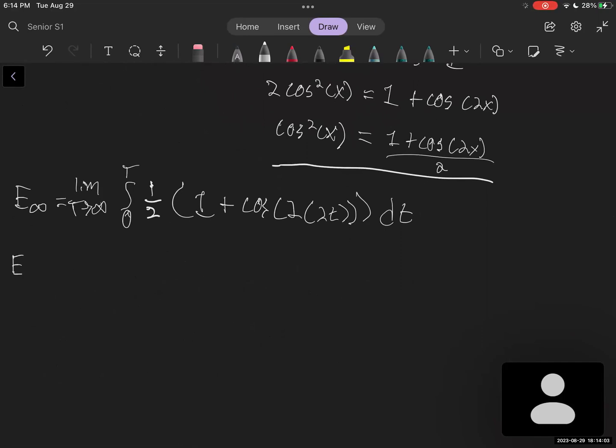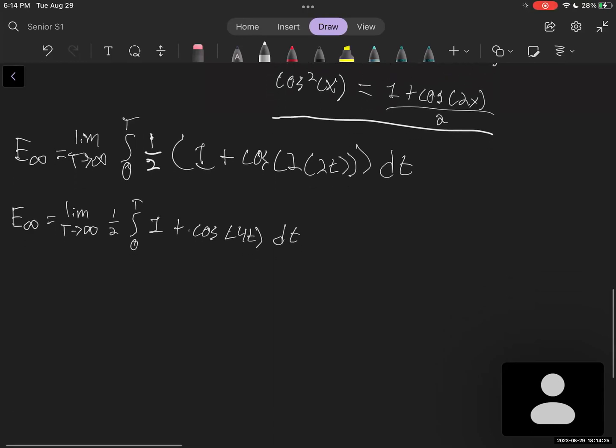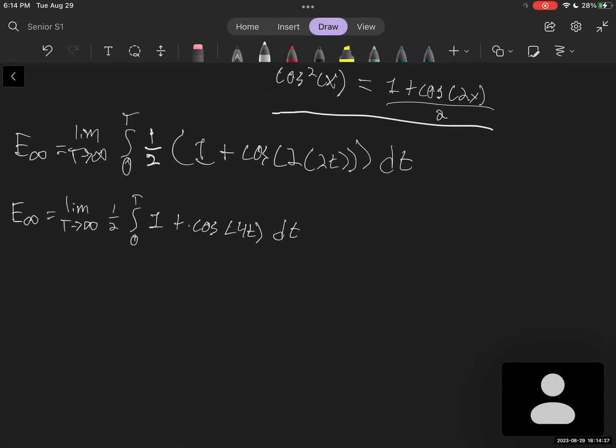The first thing we're going to do is pull the 1/2 out front. Our bounds are still 0 to t. And we're left with 1 plus cosine of 4t. So now we can integrate this.